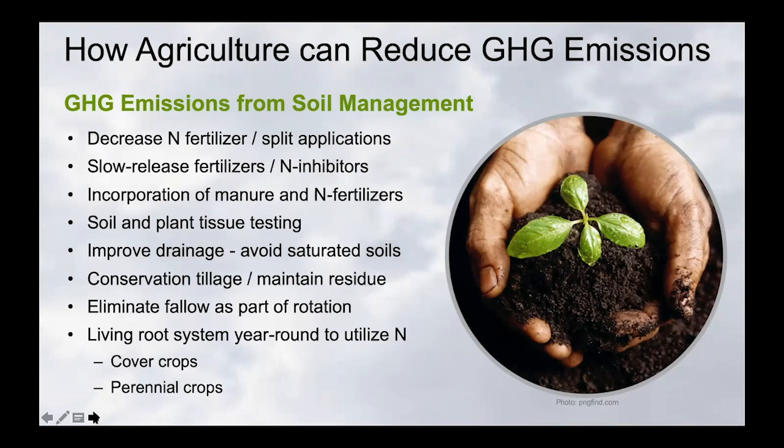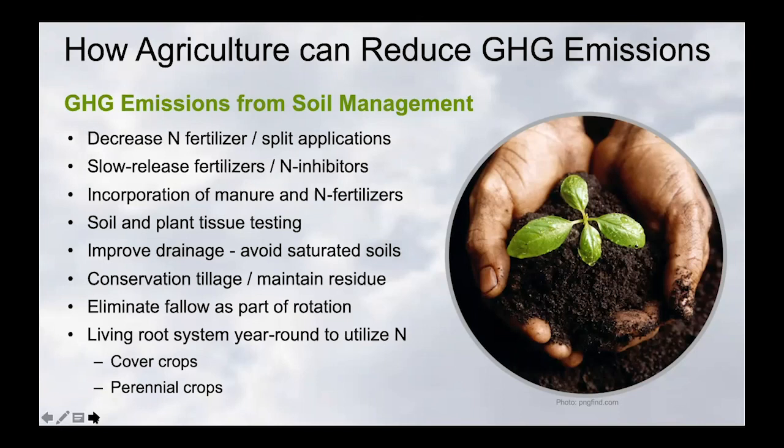It's not just a complete, perfect solution that solves all of the problems. Fallow is actually attributed to losing a lot of greenhouse gases. And if we can have a living root system year-round to capture the nitrogen, not let it be lost, and maintain it, whether through cover crops or perennial crops, that's a good way to help reduce greenhouse gas emissions on the crop side.